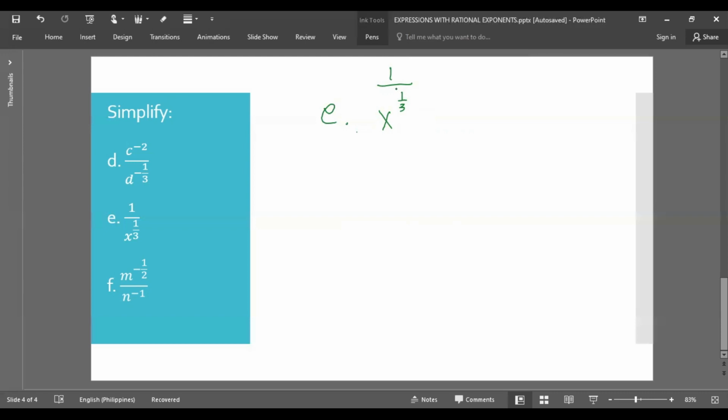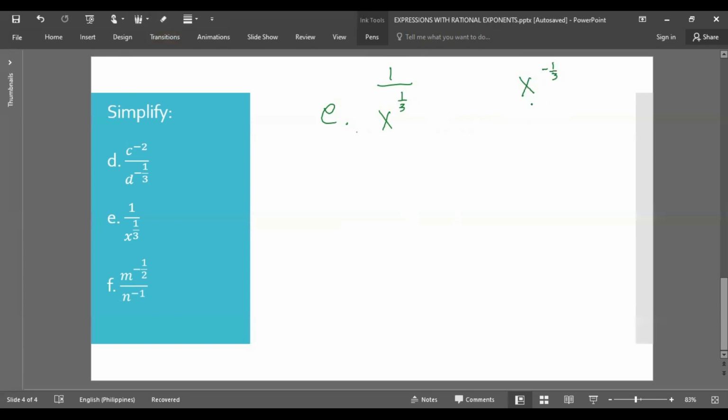So how are we going to do that? Can we get the reciprocal of this just to get rid of this fractional exponent in the denominator? Let's try. The reciprocal of 1 over x raised to 1/3 is x raised to negative 1/3 over 1, or simply x raised to negative 1/3.